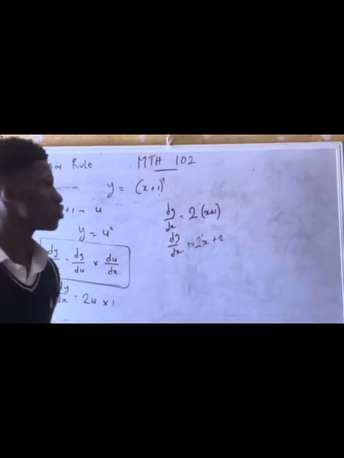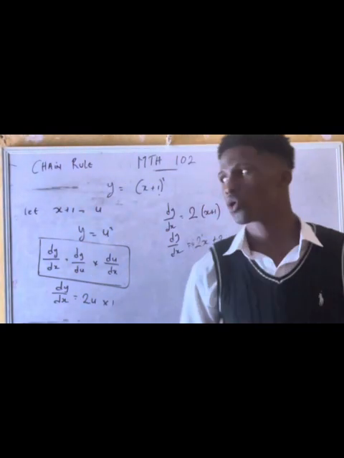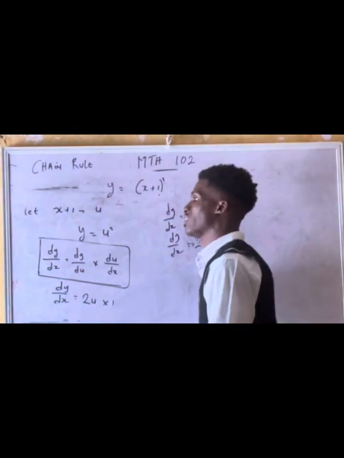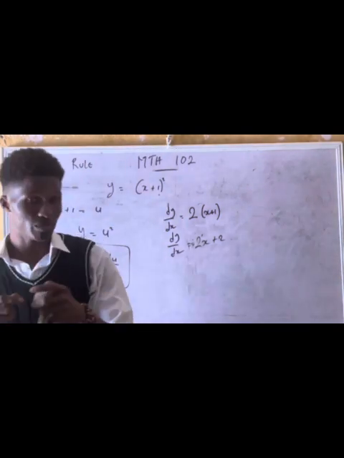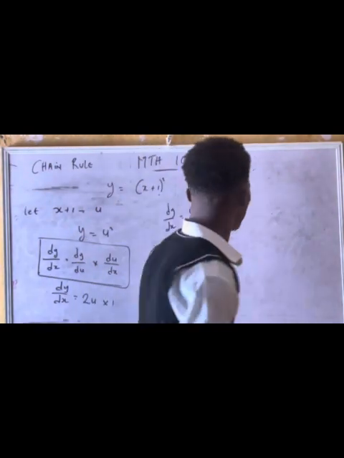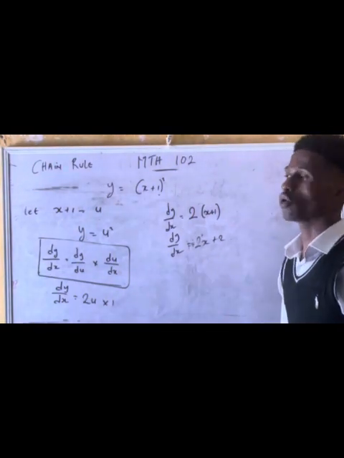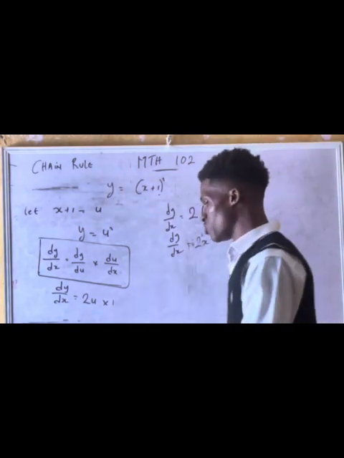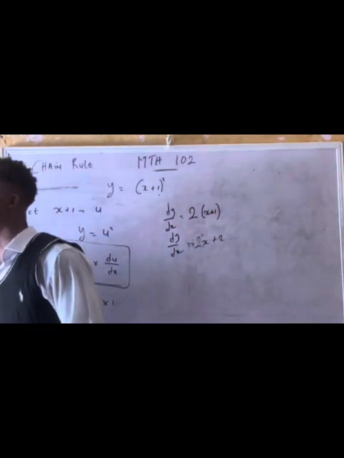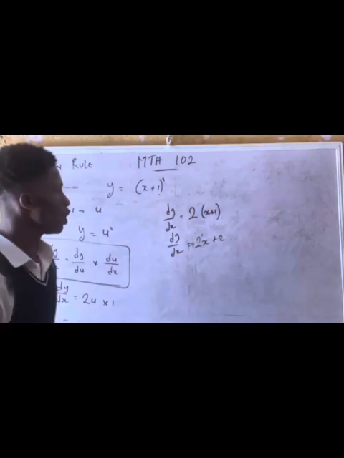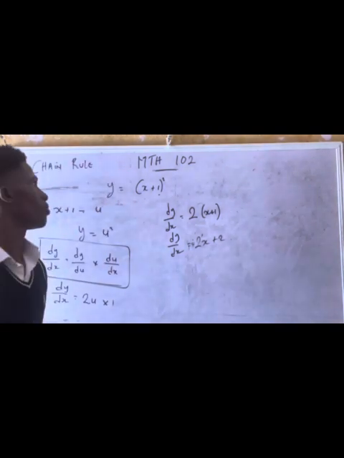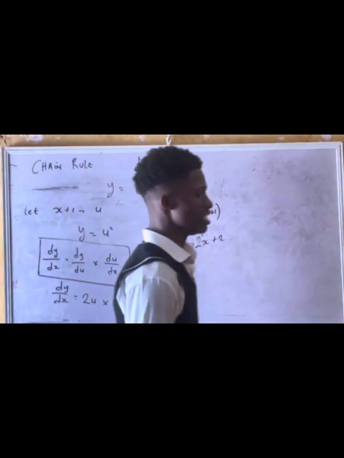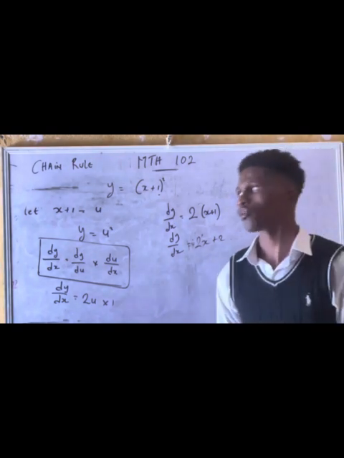We cannot start using the power rule because we have to expand, and in the process of expanding, we might make a very huge mistake. So that is why we apply the concept of the chain rule, function of a function. Now you might come across this question in the exam: which of the following methods of differentiation is called function of a function?